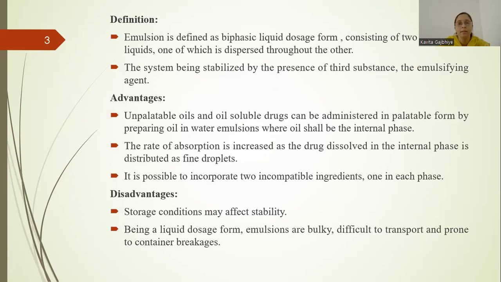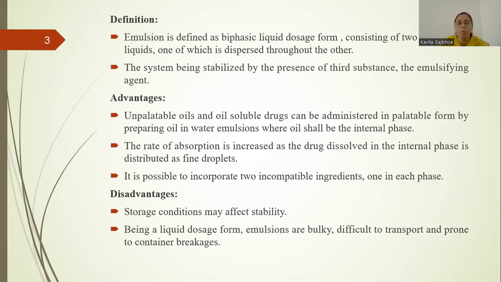Basically, as we discussed in suspension also, these are biphasic liquid dosage forms. Biphasic liquid dosage form means it consists of two phases, consisting of two immiscible liquids, one of which is dispersed throughout the other. Now in suspension, we said that it is a biphasic liquid dosage form in which a solid is dispersed in a liquid, whereas in emulsion, there are two immiscible liquids.